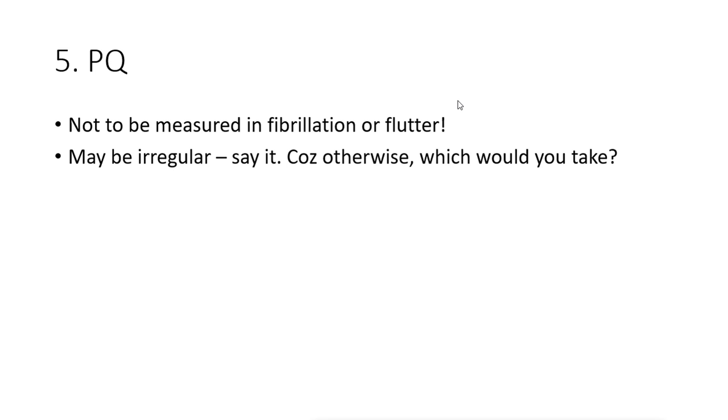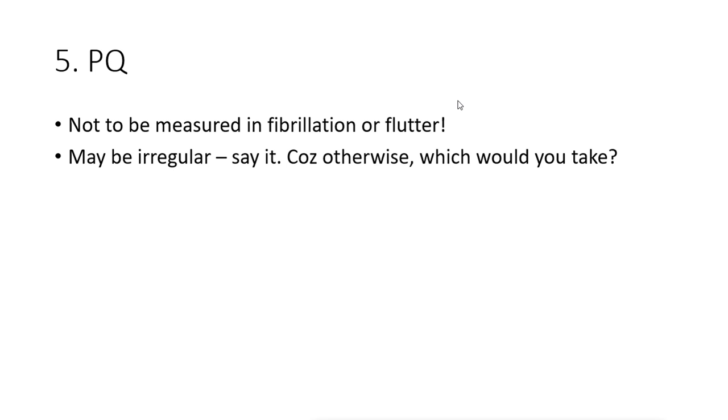Now it's going to be just a few more slides, so bear with me. So now just PQ. It is not to be measured in fibrillation or flutter, and it might be irregular. Actually, PQ interval might be irregular, so you need to mention that, because if the PQ interval is a certain way in one part, but then it's different in another part, you should mention that, because which part will you take?